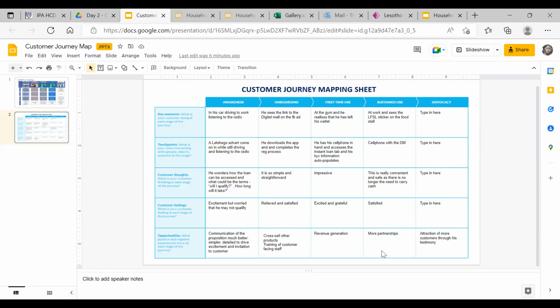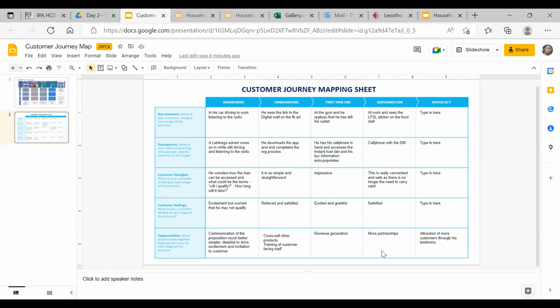Now, from an advocacy perspective, they're in the office telling colleagues about the Letshego product that has changed their lives for the better. That's where they're interacting with people from a touch point perspective. And when everybody's paying attention, they're really thinking, wow, people really do need convenience out there.